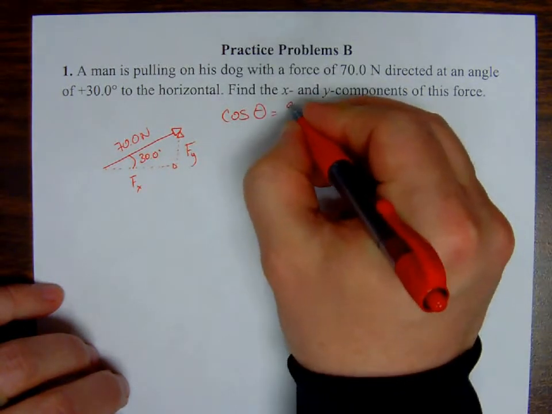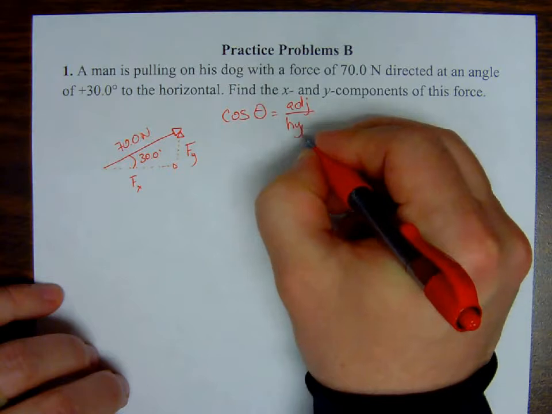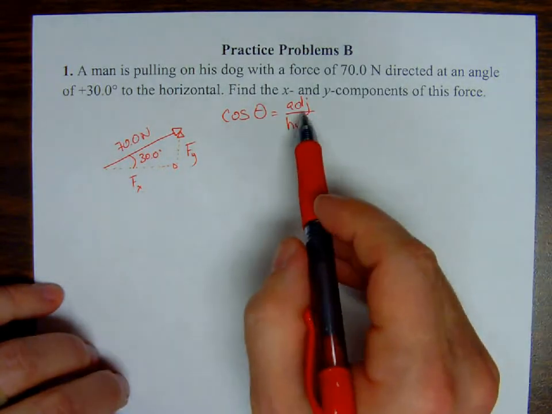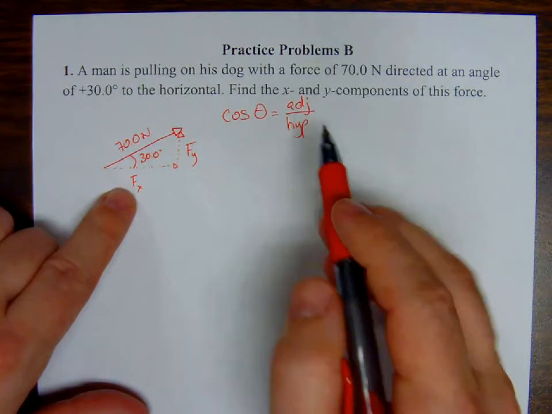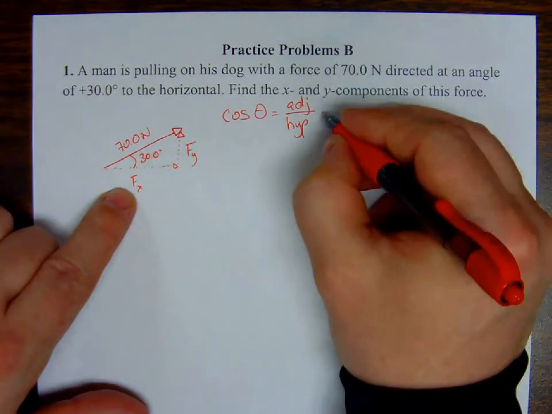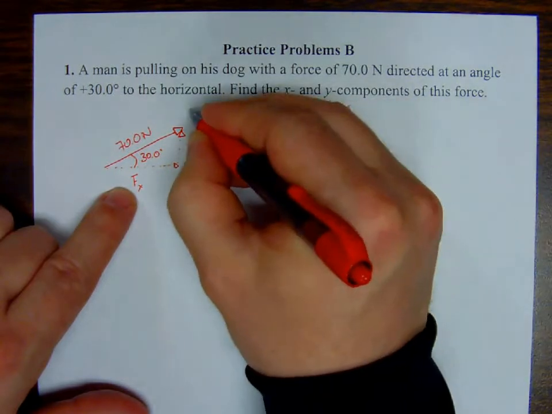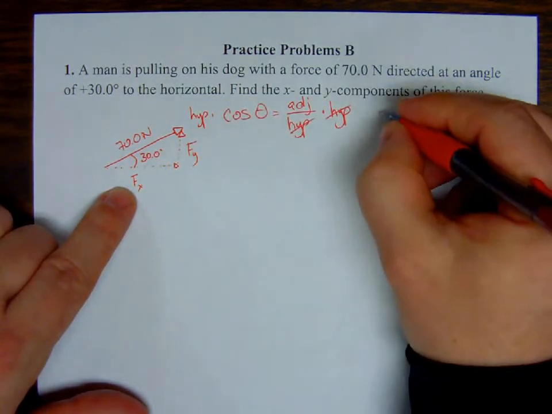So in concept, I'm trying to solve for this adjacent side. And so that means I need to solve for adjacent. You guys remember how I can simply multiply both sides of the equation by the hypotenuse and actually end up with adjacent is equal to the hypotenuse multiplied by the cosine of that angle.